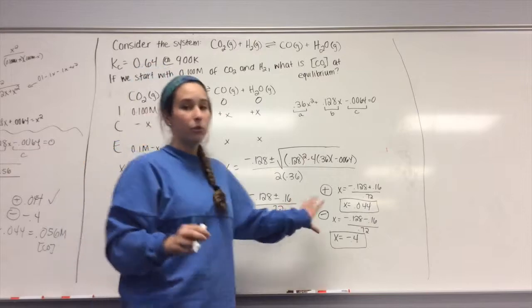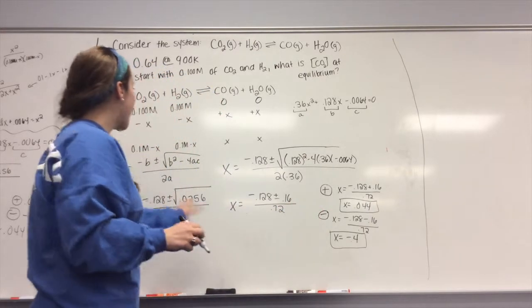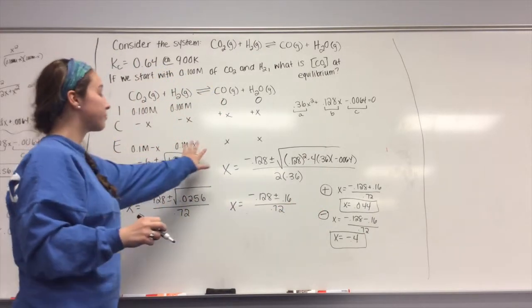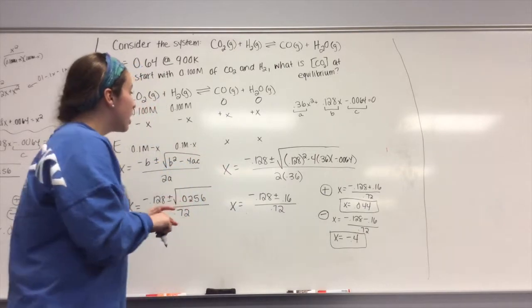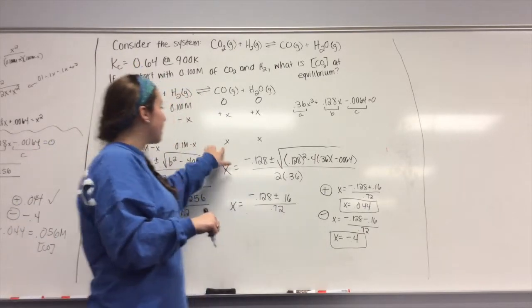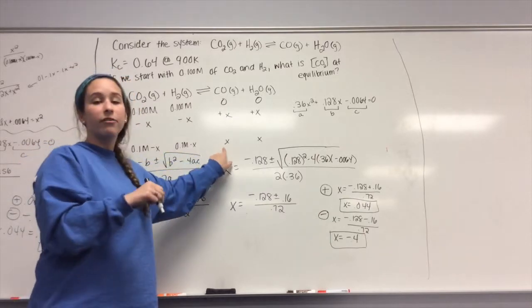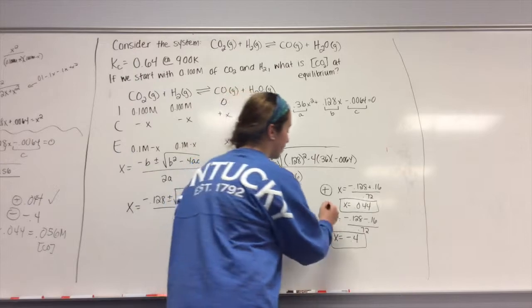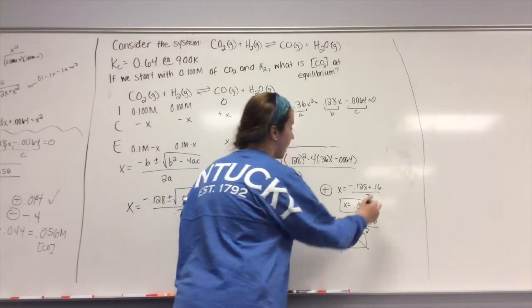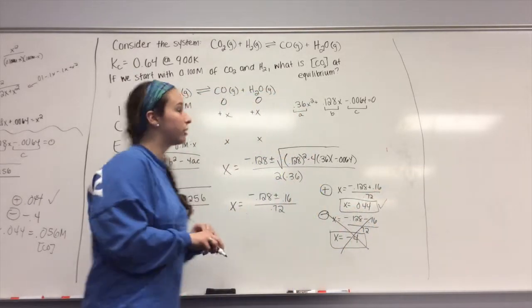In order to decide which one we want to use, we need to plug these back into our ICE table up here. You cannot have any negative concentrations, so when we see that x by itself here would be a negative 0.4 concentration, we know that we can't accept this answer. And this one is our correct answer.